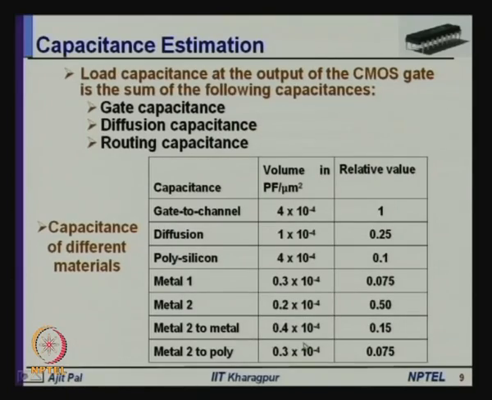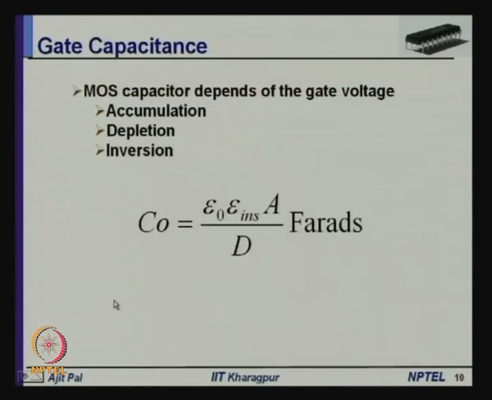Metal 2 to metal, 0.4 into 10 to the power minus 4. So, you see the capacitance is a little high compared to that of polysilicon. Then metal 2 to poly, 0.074, here it is very small. So, we find these are the different types of capacitances that you will encounter whenever you realize a VLSI circuit.